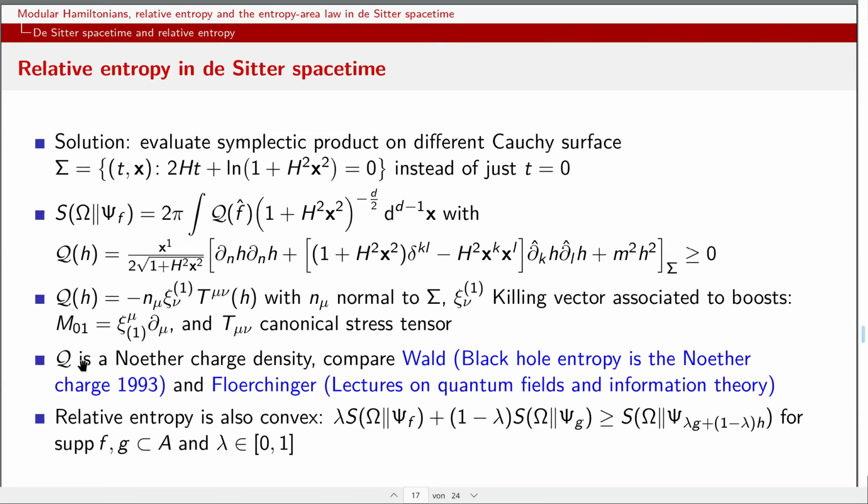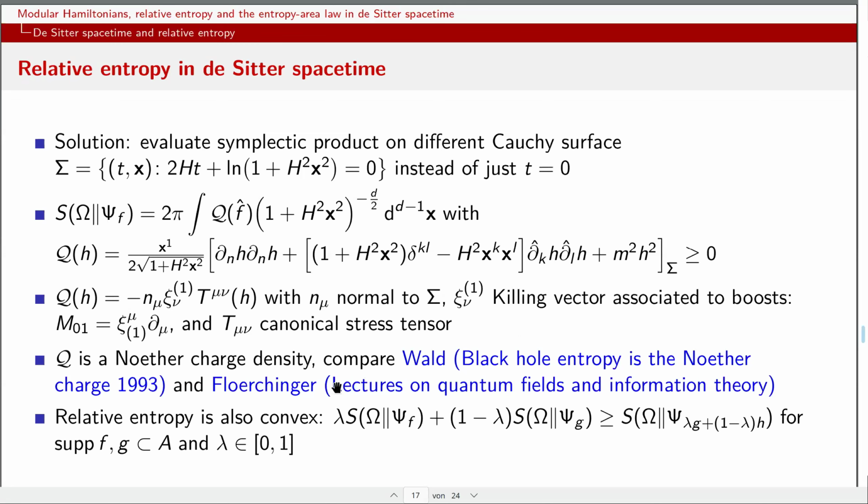So q is the density of the Noether charge of the boosts. This general relation between an entropy and the Noether charge was found also in previous examples. For example, there's a paper by Wald from 1993 saying that black hole entropy is the Noether charge. So here we could say relative entropy in de Sitter is a Noether charge.